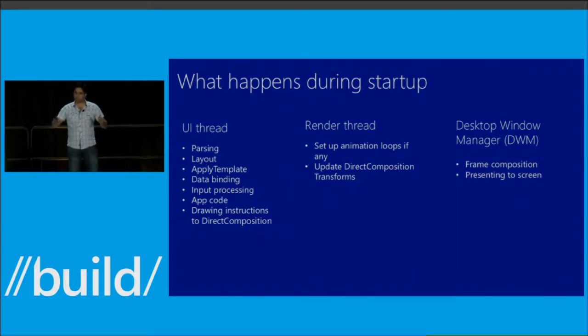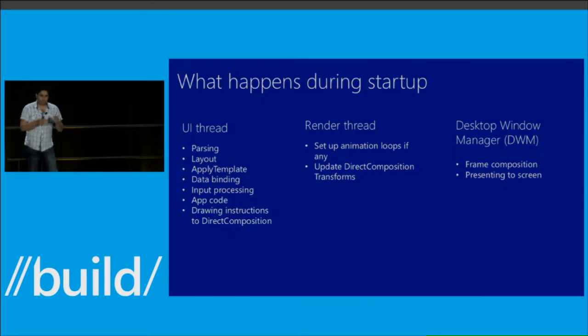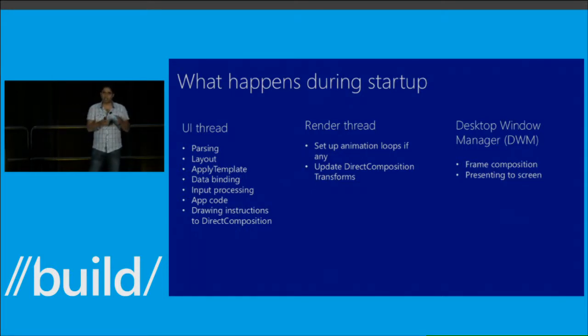The experience of startup starts when the user clicks or touches on the tile. As soon as the user touches on the tile, the process starts. As part of the process startup, we create the application object. Remember, all these things are happening in the UI thread. The UI thread starts, it creates the application object.